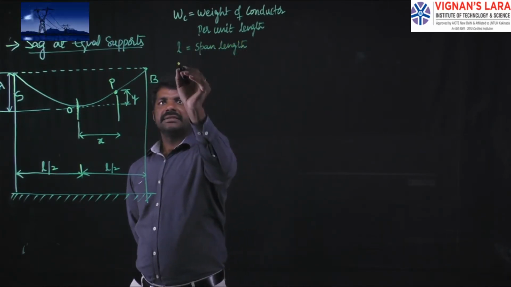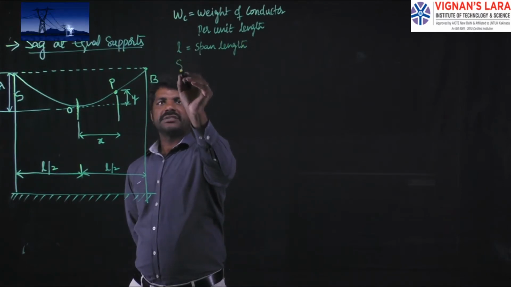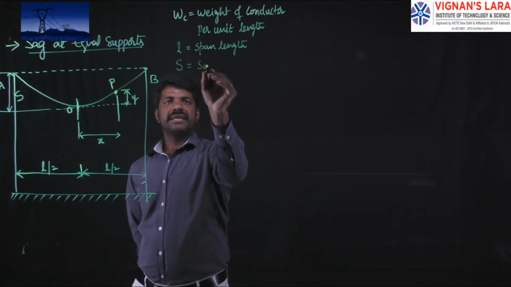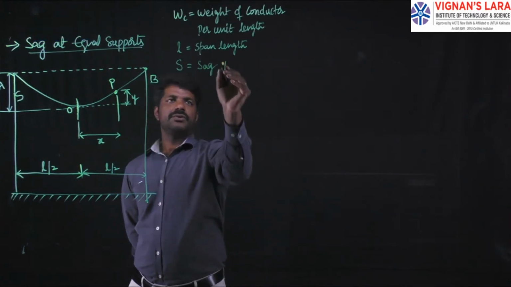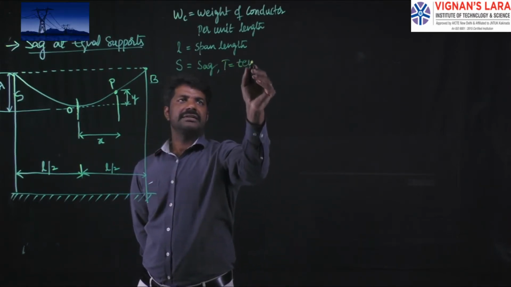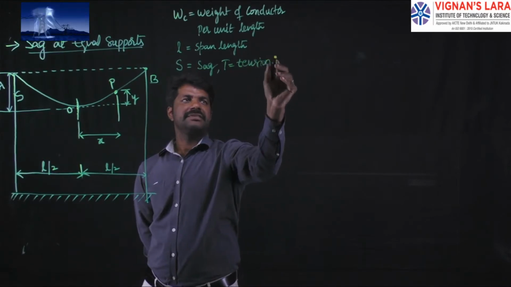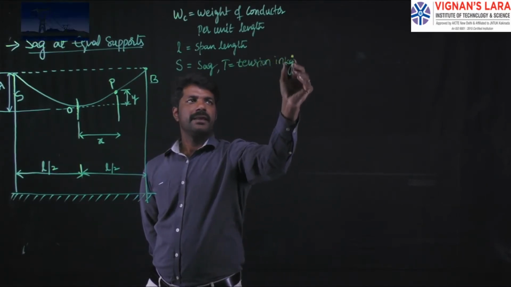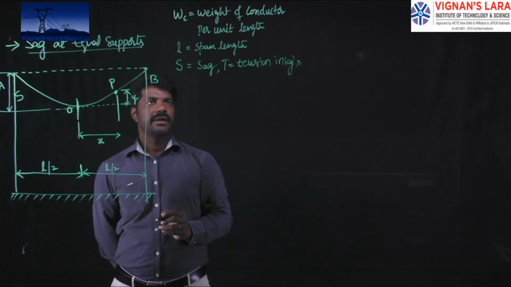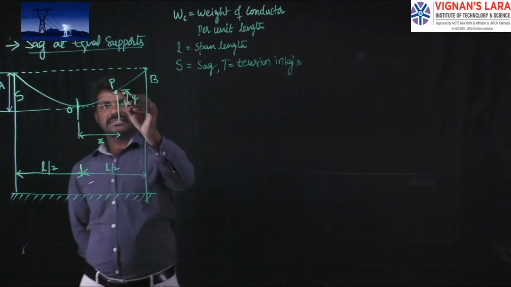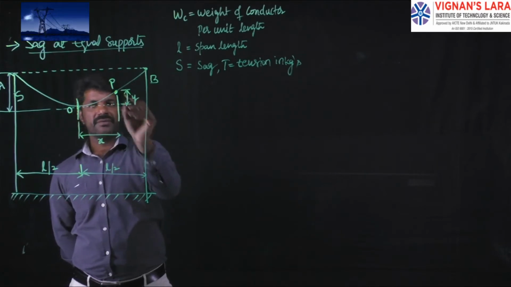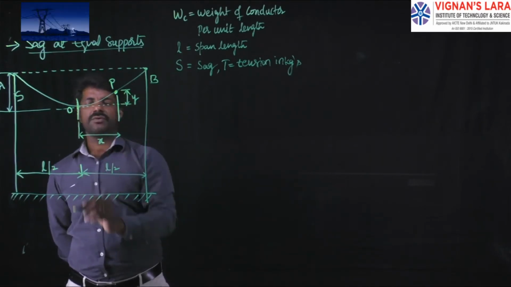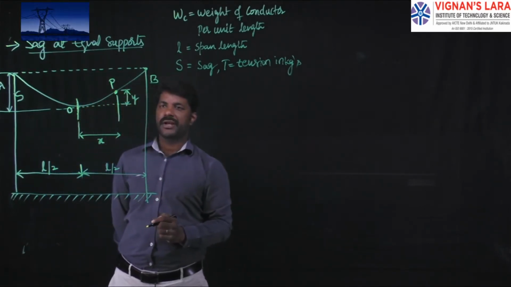And next P is the point, capital S is the sag, and capital T is the tension on the conductor in kgs. A point P is selected on the conductor whose coordinates are x and y with respect to the origin O, where O is the lowest point of the conductor.